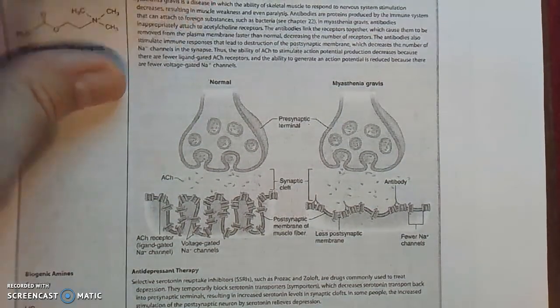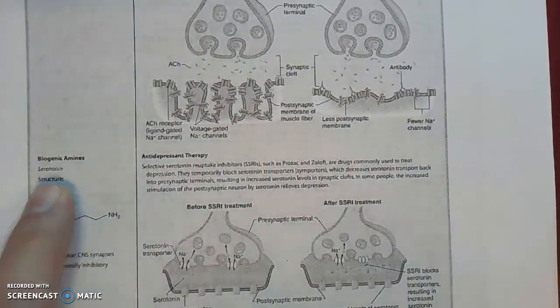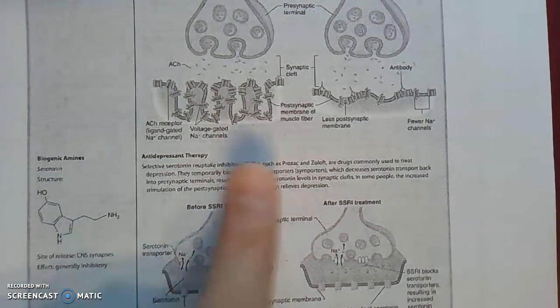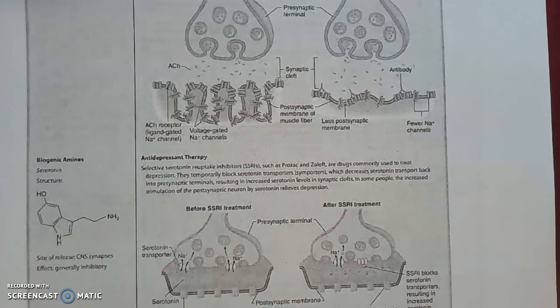Another one is serotonin. You might have heard of this. Here's its structure. And SSRIs are selective serotonin reuptake inhibitors. Prozac and Zoloft are used to treat depression. So increased serotonin in the synaptic cleft causes an increased stimulation of the postsynaptic neuron by serotonin, which helps in relieving depression.